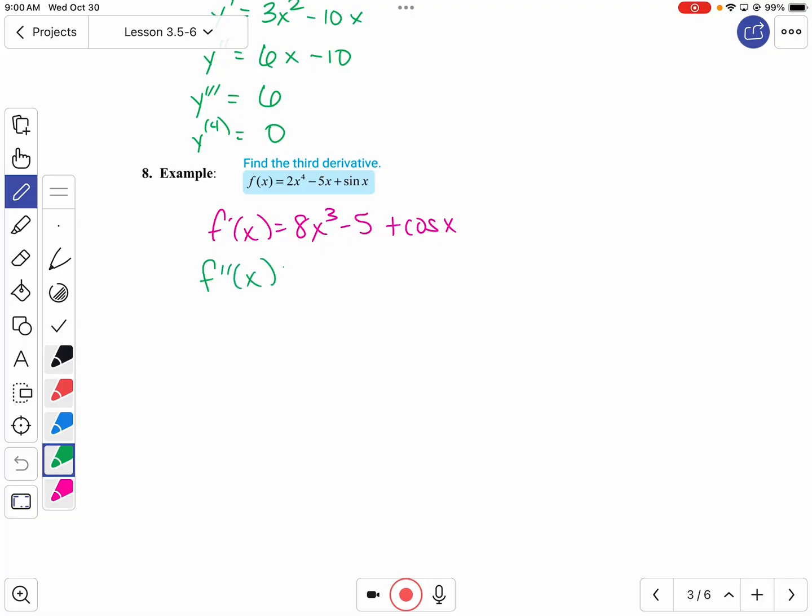F double prime, 24x squared minus sine. And then f triple prime, 48x minus cosine.